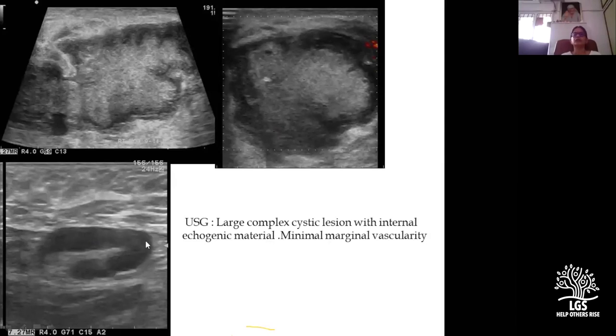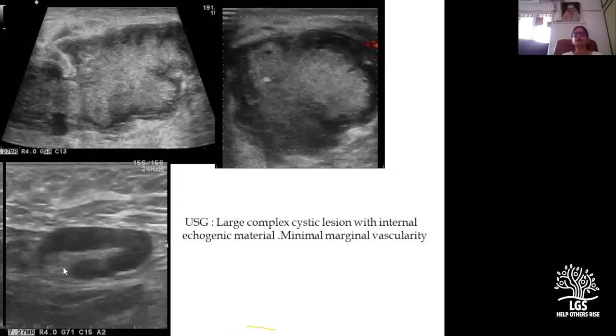If the node is reactive or inflammatory, the entire node responds uniformly, so the cortex is uniformly thickened in infections and wherever there is any reactive lymphadenitis. Whereas in malignancy, the thickening is because of the deposition and growth of tumor cells, and that may not happen uniformly, that may happen unevenly.